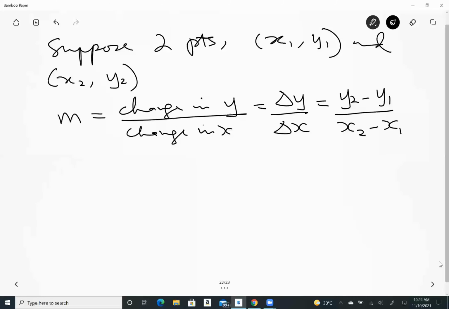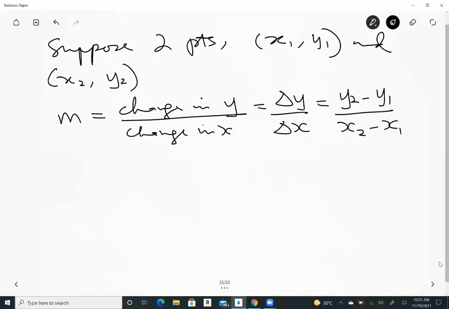The slope is given by the difference in the new value of y and the old value of y divided by the difference between the new value of x and the old value of x. Okay, so you got that.